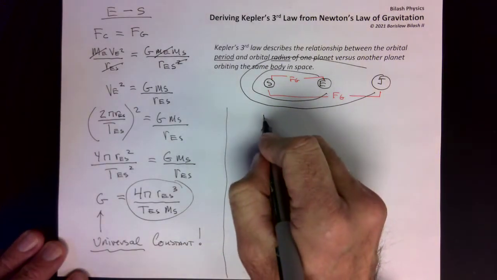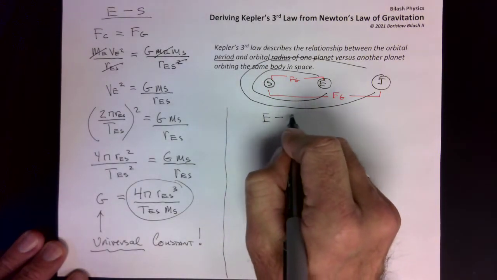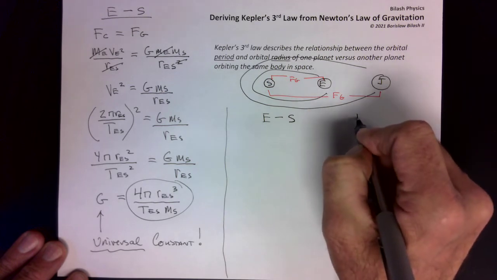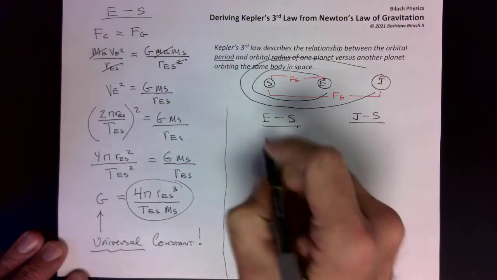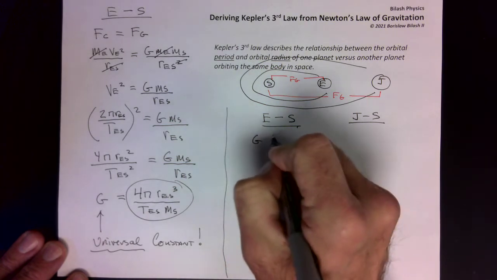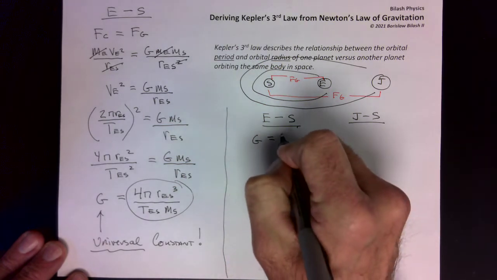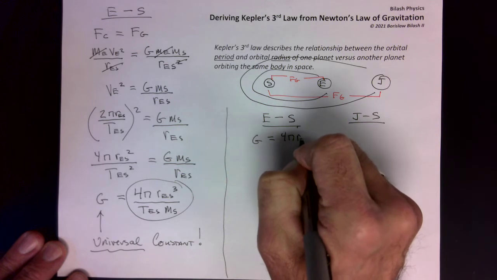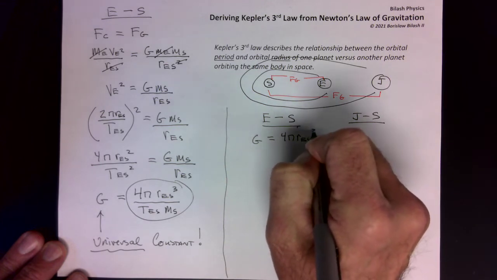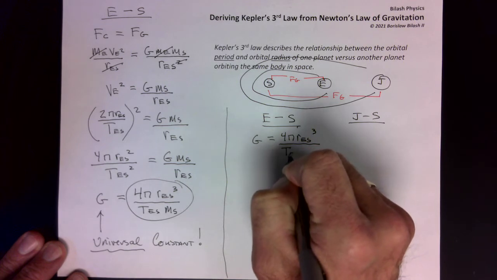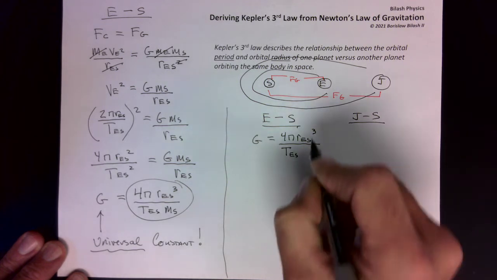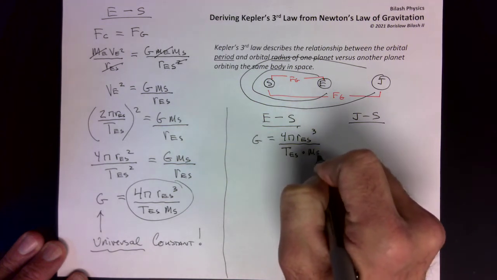So if we look at the Earth-Sun relationship versus the Jupiter-Sun relationship, I'm going to restate what I just wrote: G is equal to 4 pi squared RES cubed divided by the period of the Earth going around the Sun squared, times the mass of the Sun.